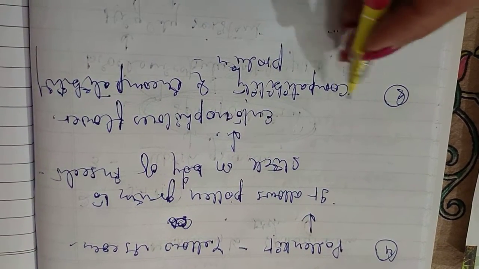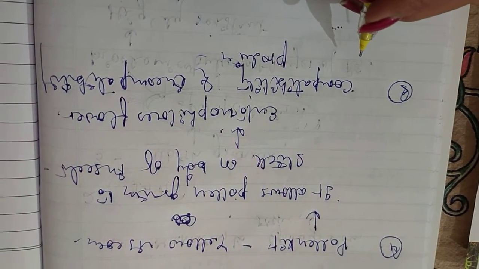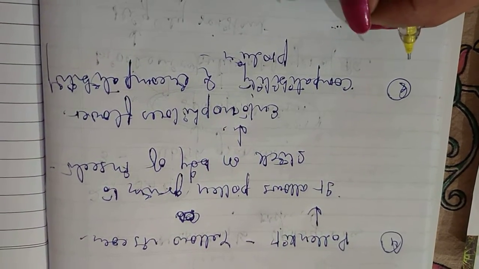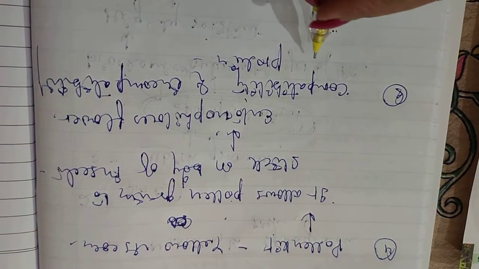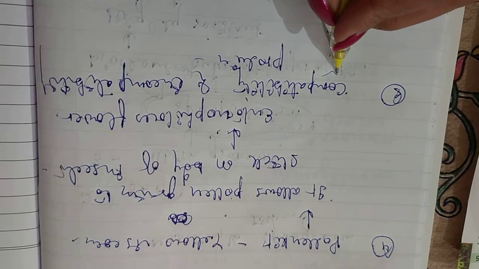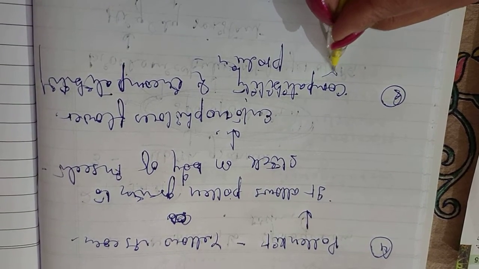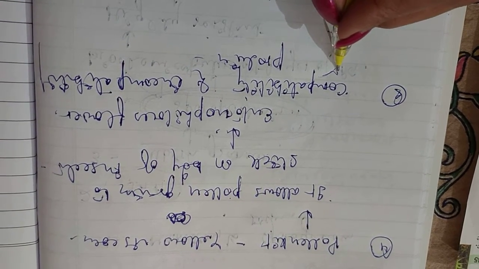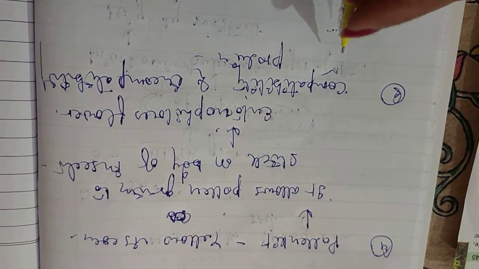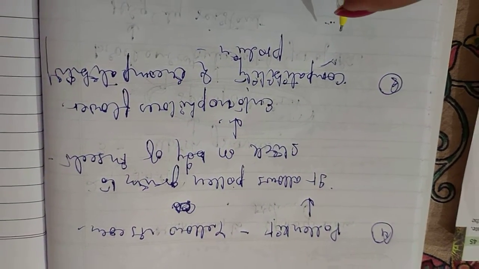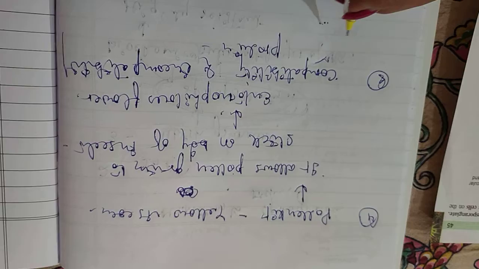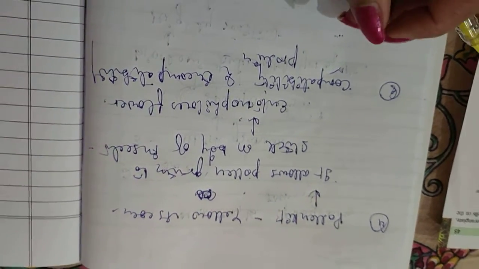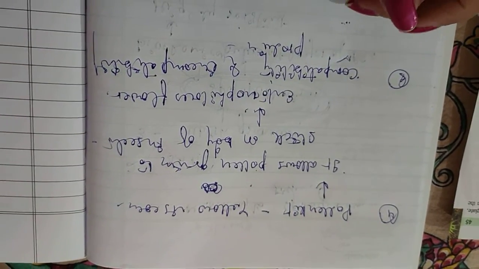This type of character is called compatibility and incompatibility proteins. We will discuss it in detail when we study self incompatibility in flowering plants. So for here, this is all about the tapetum.